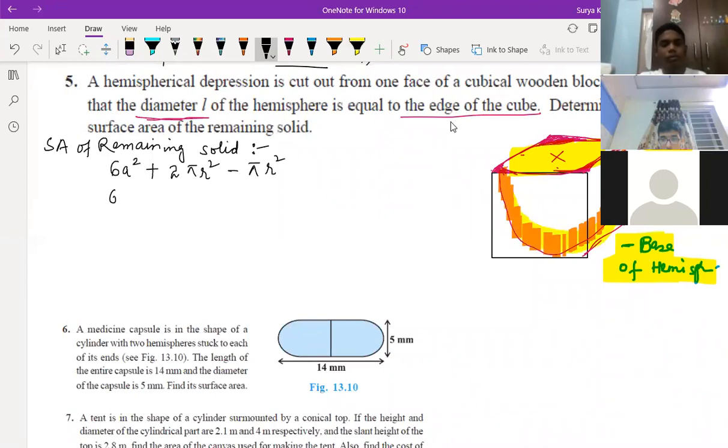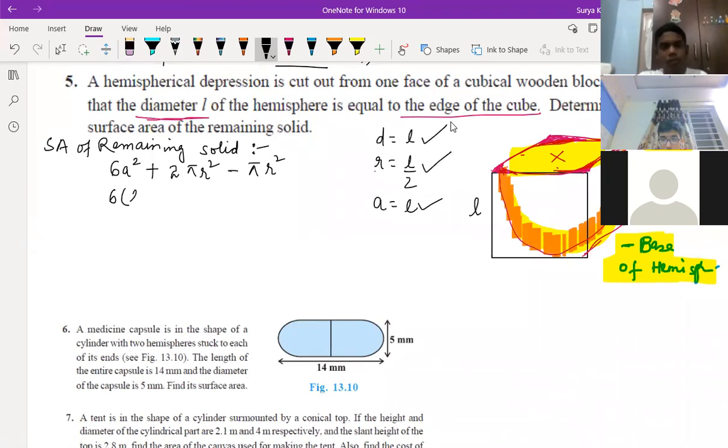So 6a square, where a is nothing but the diameter L. Children, see what they have given: the edge of the cube is L and the diameter is L. So diameter is L, which means radius is L by 2. Now put the value over here.